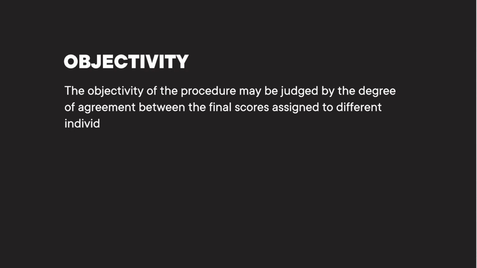Objectivity here is of the procedure that may be used to judge the degree of agreement between the final scores assigned to the different individuals by more than one independent observer. So for instance, if you are two observers, whatever criteria I'm going to use, and if I have another colleague, he can also decide to use the same criteria, or even when he uses a different criteria, at the end of the day, whatever we are supposed to observe should be the same.